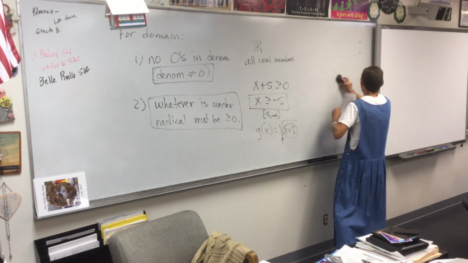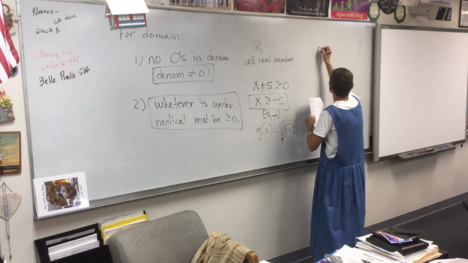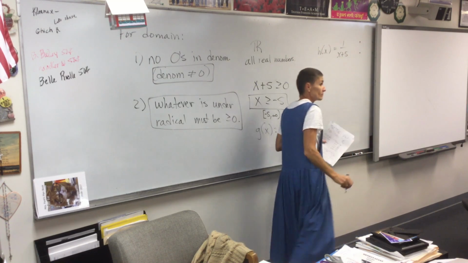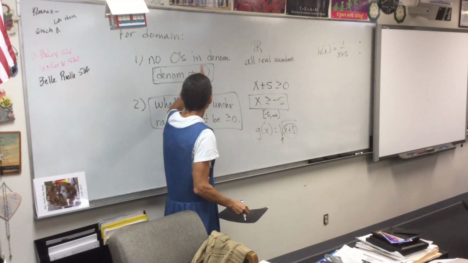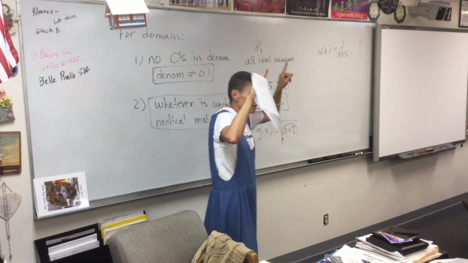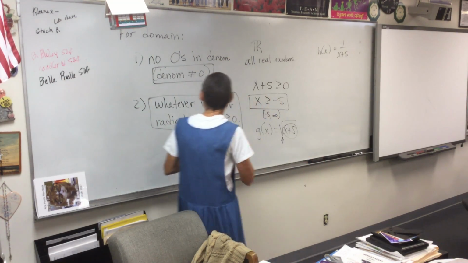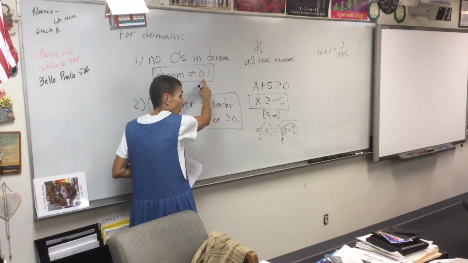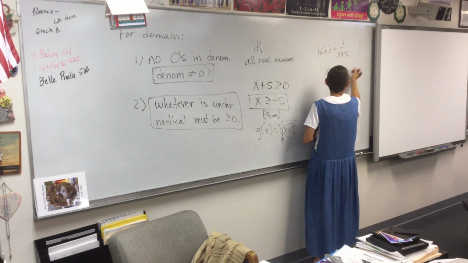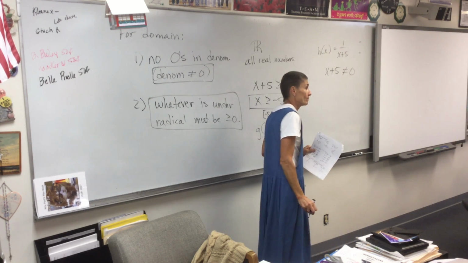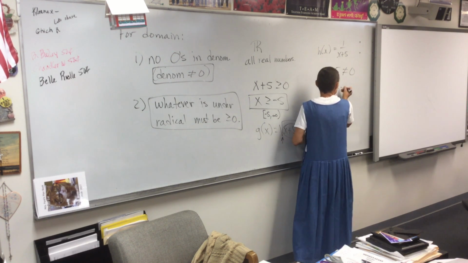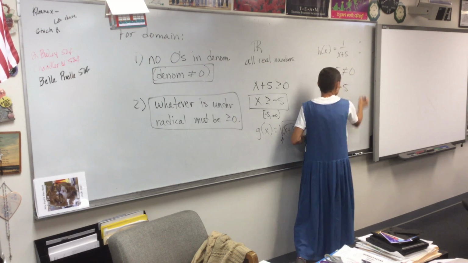Okay, now let's look at C. Do I have a denominator? Beep, beep, beep, beep, there goes the domain radar. What do I know about denominators? The denominator cannot equal zero. So x plus 5 cannot equal 0, which means x cannot equal, subtract it over, -5.